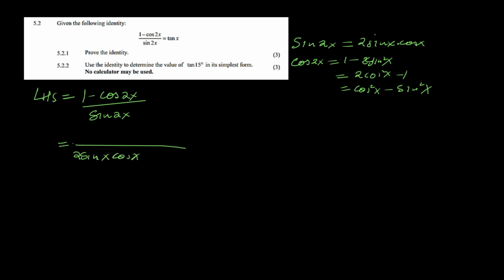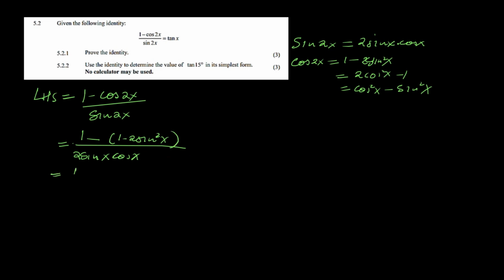Then that which we have up there, which is 1 minus cos 2x, we can change cos 2x to be 1 minus 2 sine squared x. We are doing this deliberately.